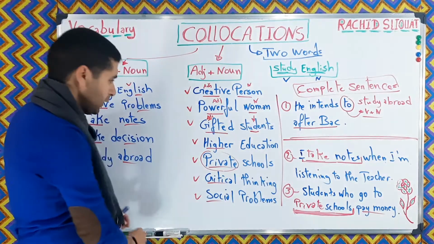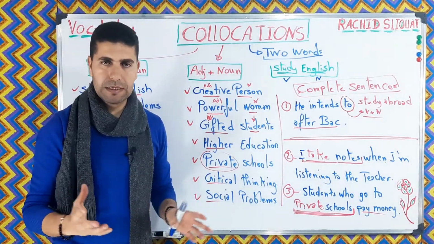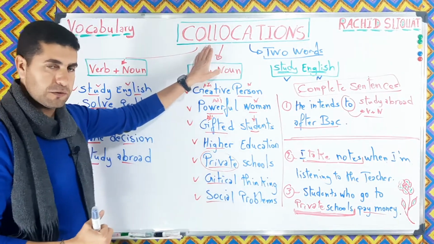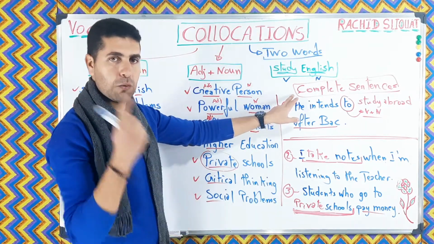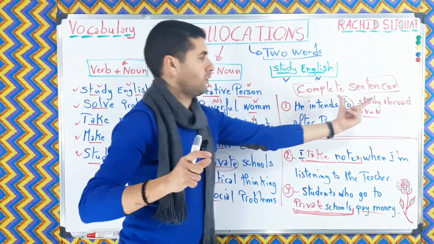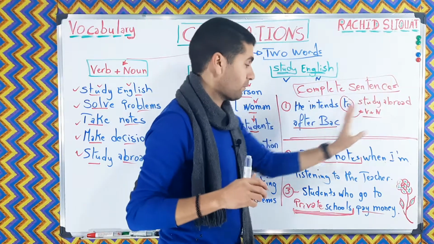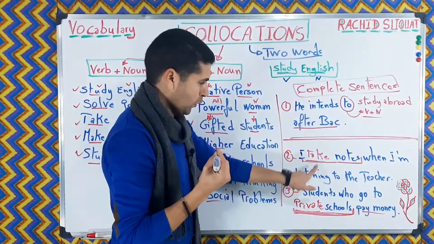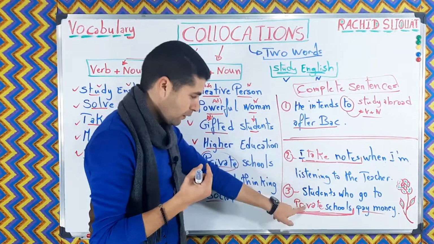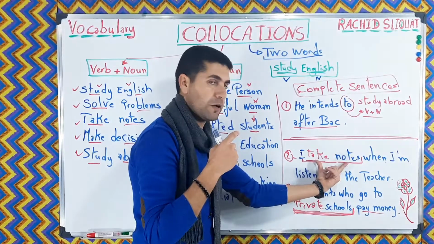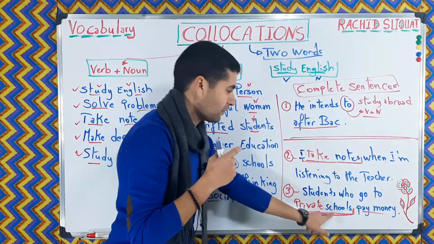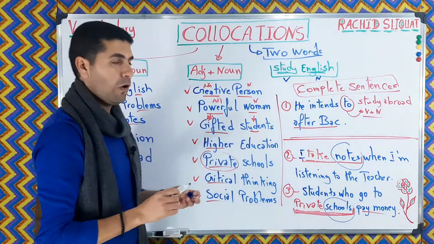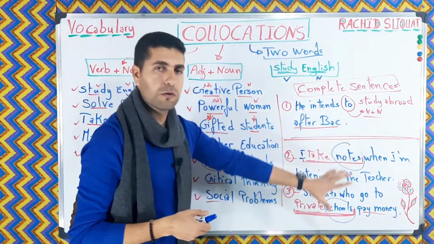So as you can see, for you as a baccalaureate student or any learners or anyone who is going to take tests or exams with collocations, you might be asked to complete the sentences either with a full collocation, like here, he intends to study abroad after baccalaureate, or to complete with one word, and this word can be part of the collocation, like take note, private schools. So the words we are given are part of the collocations we have to make.